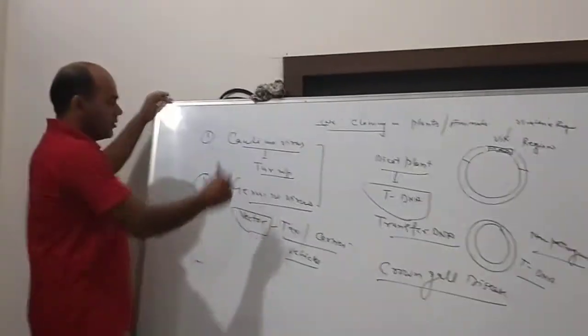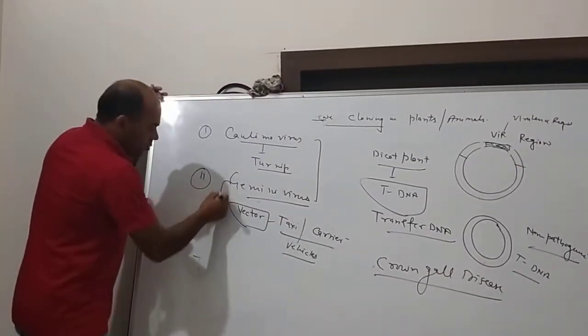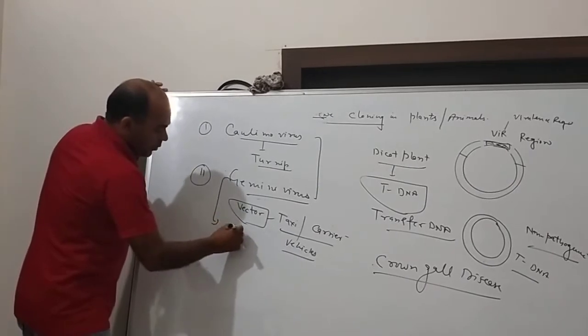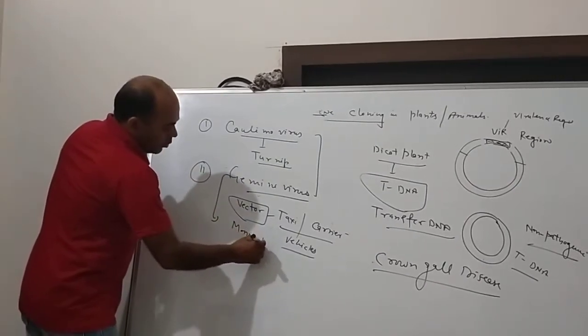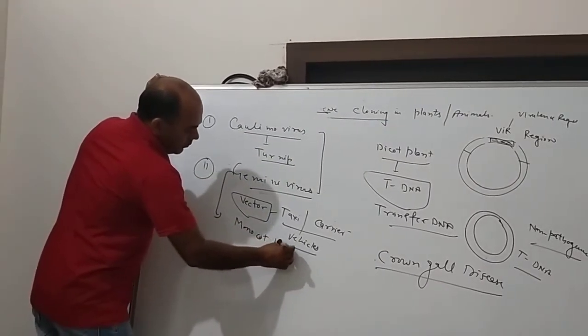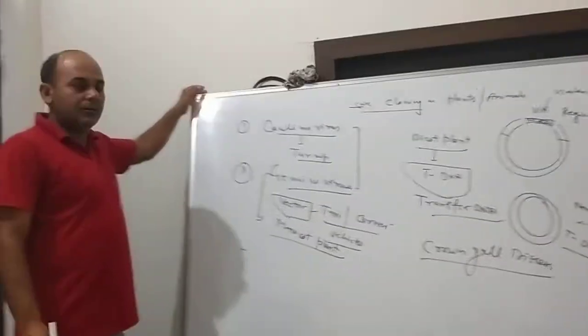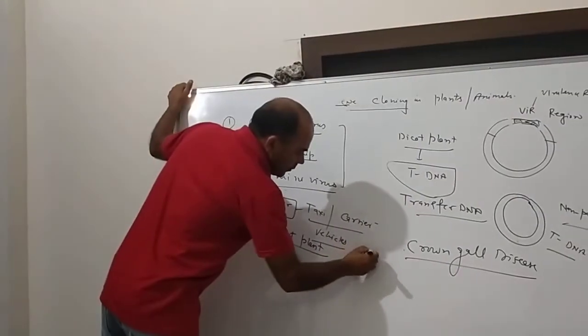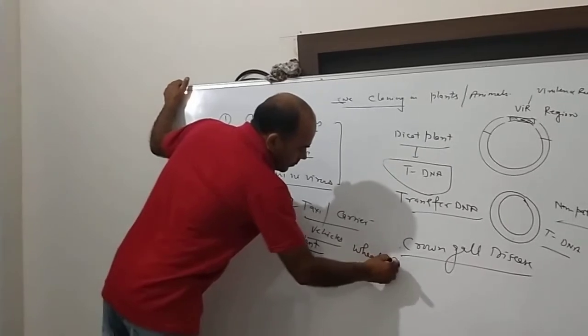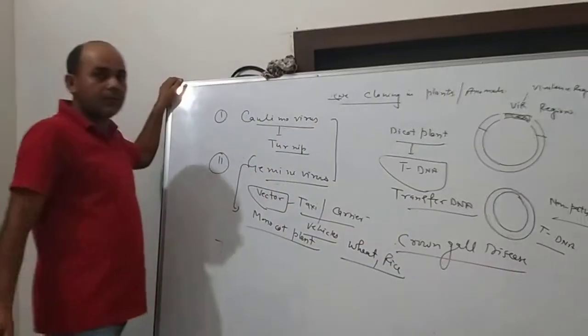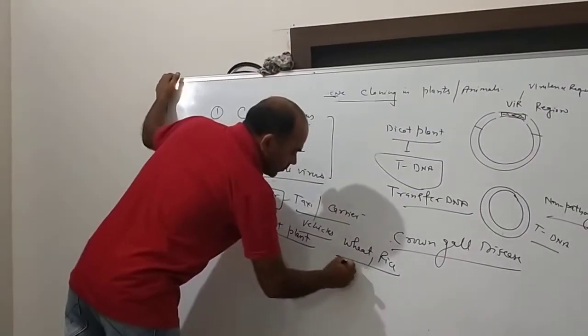So these are some examples. Gemini virus is used mostly in monocot plants, for example wheat, rice and maize.